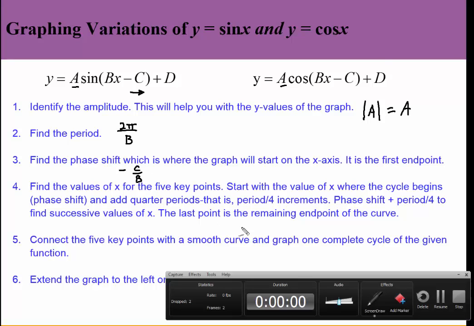That's going to allow us to find the successive values of x. And when we do the 5 points, the last point is going to be that last or remaining endpoint of one full curve, as we'll see. All right, we're going to connect the 5 key points with a smooth curve and graph one complete cycle, and we're going to extend the graph left or right if necessary.